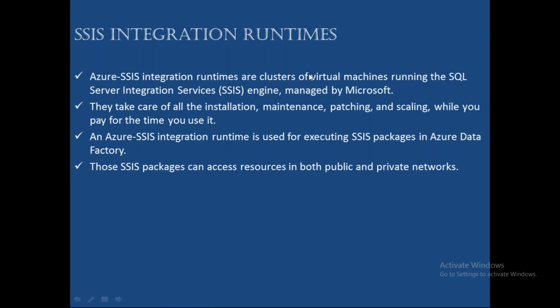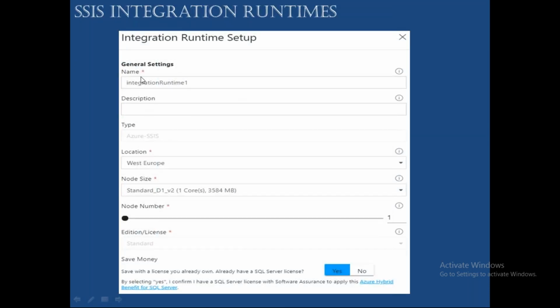But I told you it's a cluster of virtual machines. Let me show you how it's a cluster of virtual machines. You see, when you are creating the SSIS integration runtime, you see node number. You need to tell, node is nothing but one server. However many servers you need, you need to keep on increasing. Next, node size, whether you want 1 core and this much memory, or 2 cores, 4 cores, how many cores.